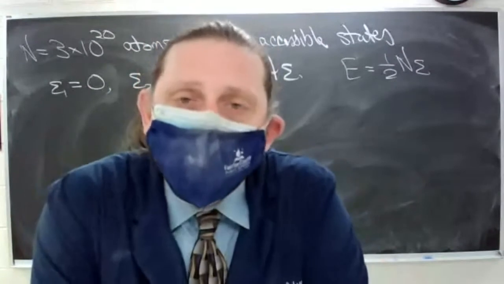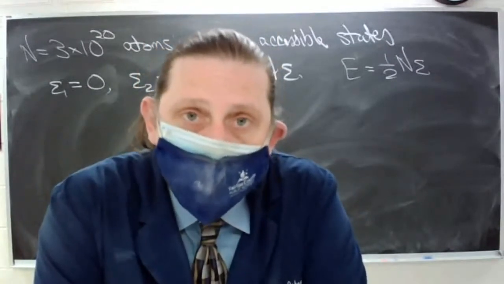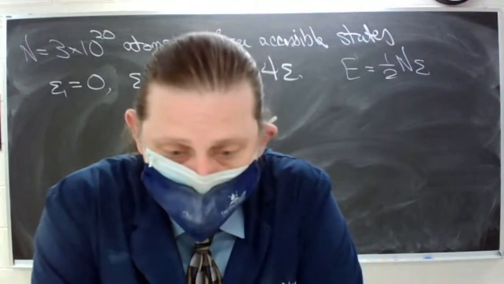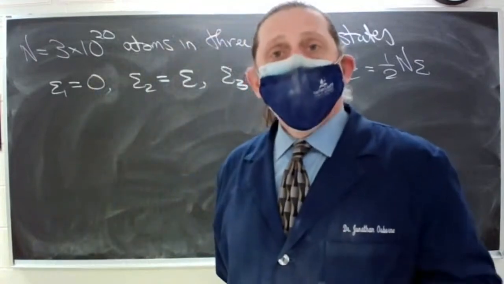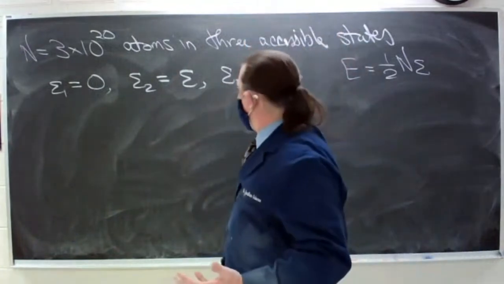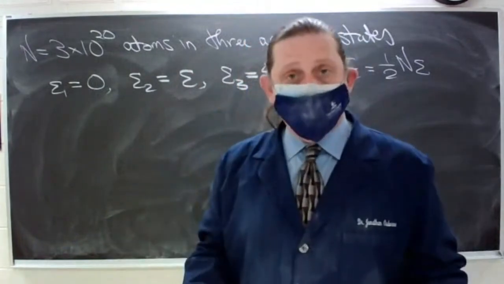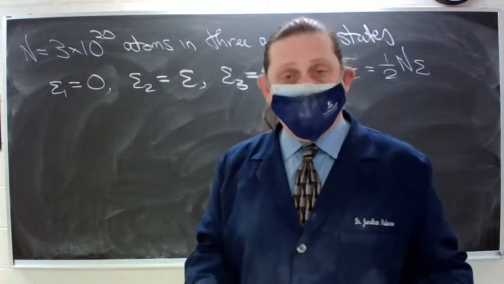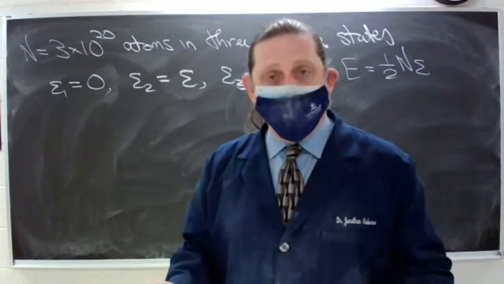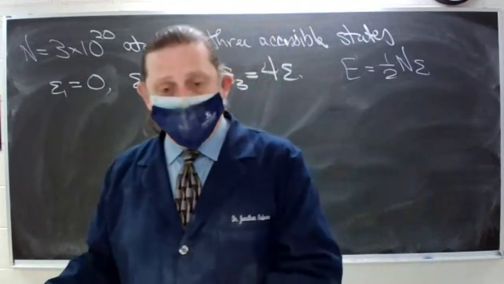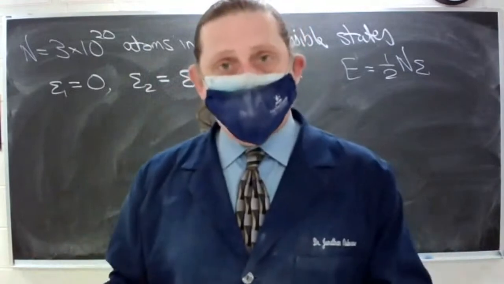That means I only have to tell you one of the unknowns, and you can determine the other 2. I could tell you how many atoms are in state 3, and then you could use the fact that the total energy is 1/2 capital N epsilon, and that the total number of atoms is capital N, to determine the number of atoms in state 1 and state 2.